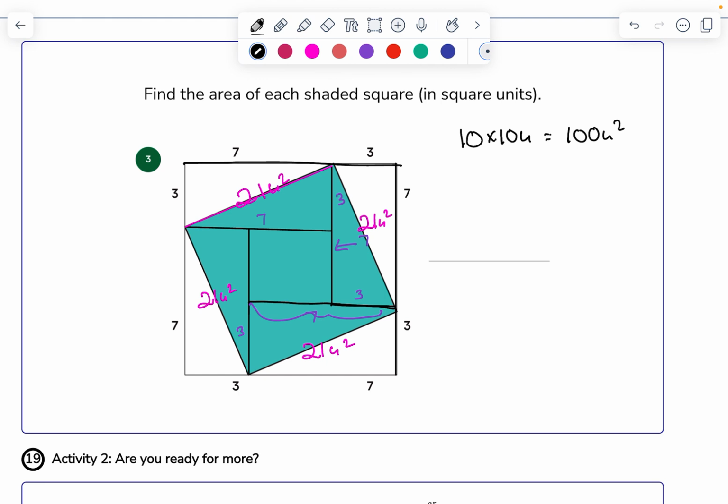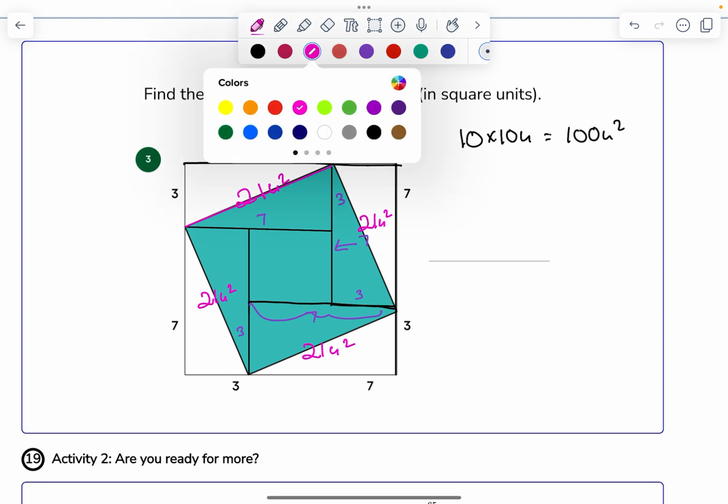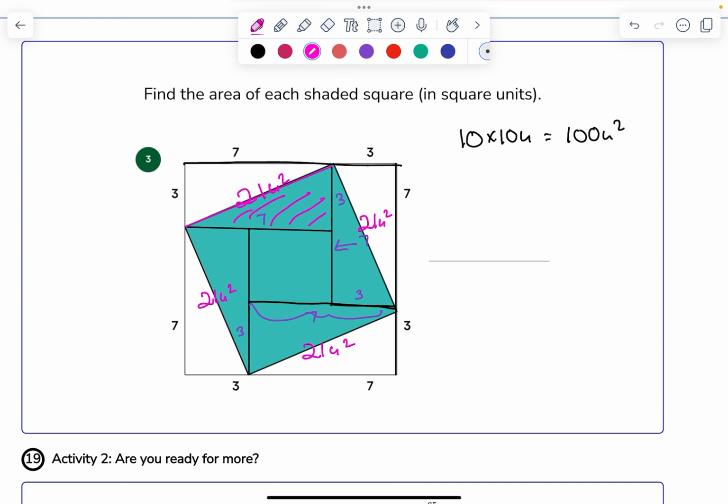And if we were to combine two of these triangles, we would get 21 units squared and 21 units squared. What does that leave us in the middle? Well, here we know is 3, leaving us with a 4.